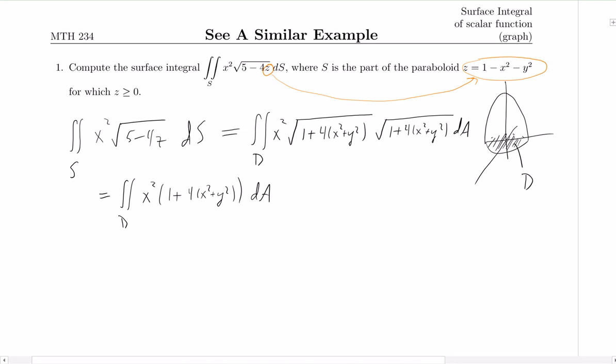And at this point, it's probably a good idea to change to polar coordinates to finish the integral. So D is the unit disk, so we have r going from 0 to 1, theta going from 0 to 2 pi. X is r cosine theta, and it's squared. X squared plus y squared is just r squared, and dA becomes r dr d theta.